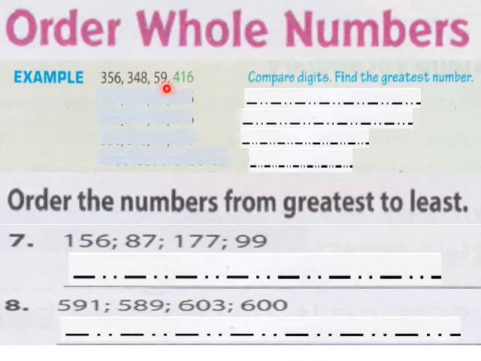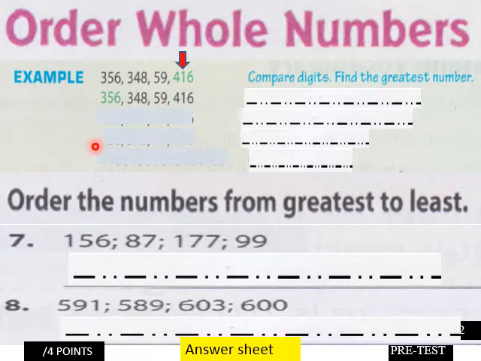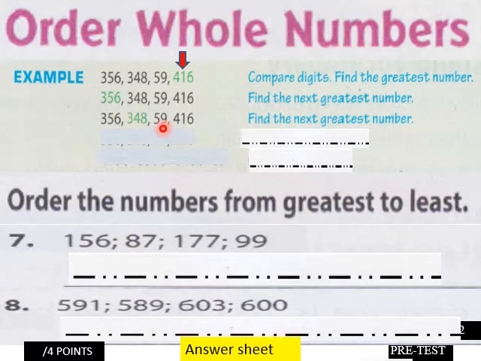Same thing here, ordering whole numbers. You have a list here of numbers, and they need to be ordered from greatest to least. Then up here is an example of a systematic way of doing it. 416, compare digits, find the greatest number, 416. Find the next greatest number would be this number here.